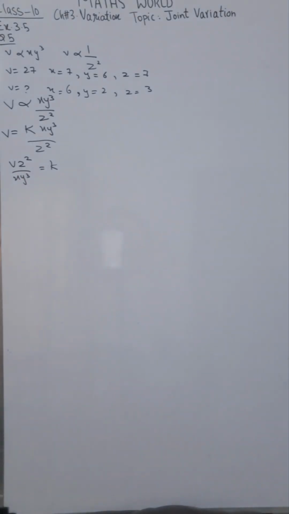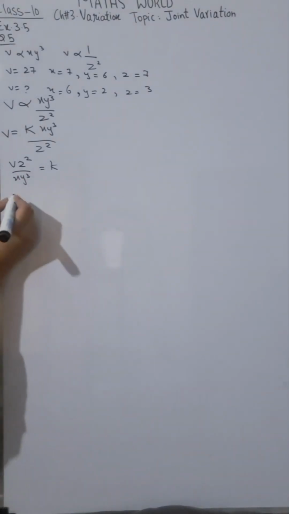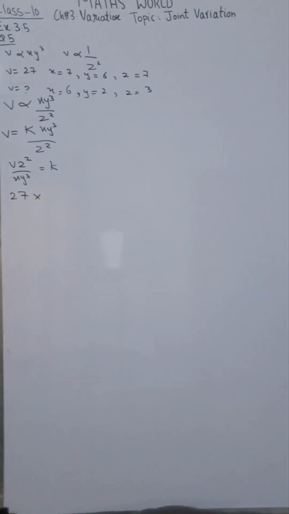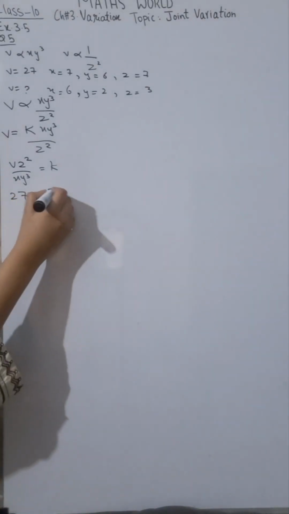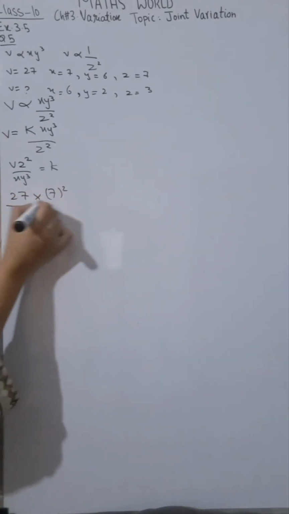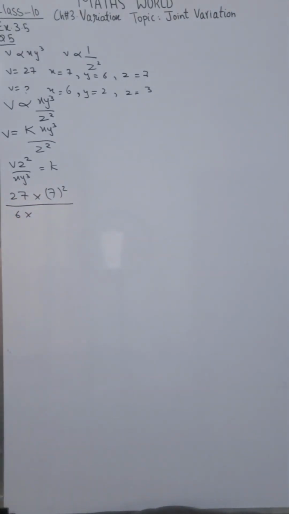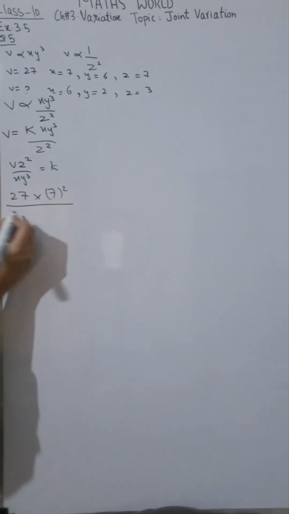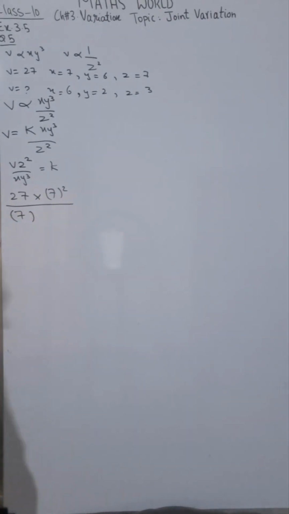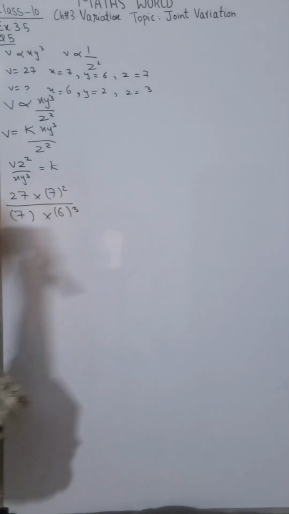So v is 27, z is 7 square, and x is 7 and y is 6 cube. Sorry, you have to use the first condition.